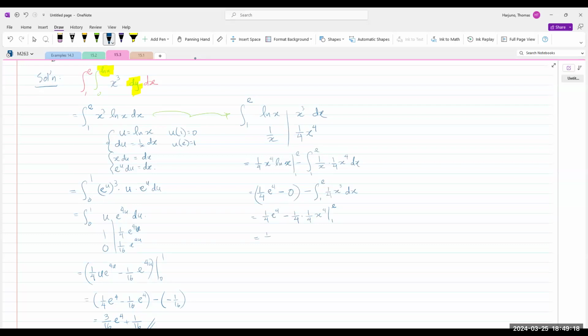But that's 1/4 e to the 4th minus 1 over 16 e to the 4th minus 1. Right? I hope you see that now. So this is 1/4 e to the 4th minus 1 over 16 e to the 4th plus 1 over 16. We get the same thing, right?